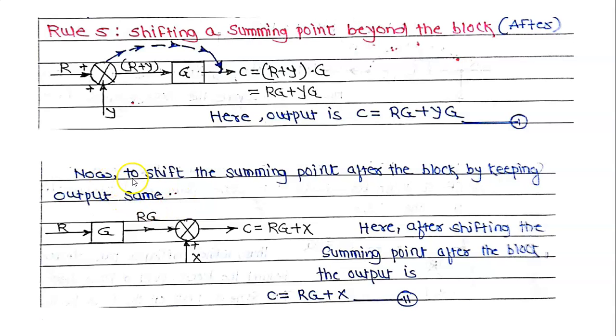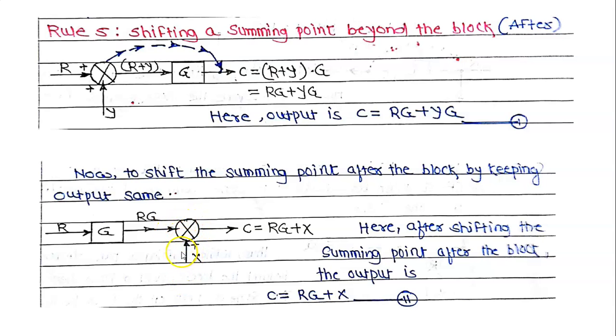Now we have to shift this summing point after the block by keeping output same. In this diagram we have shifted this summing point beyond the block, after the block G. Therefore here R signal is there, it is given to this block G. Therefore R into G, this signal is given to this feedback summing point.